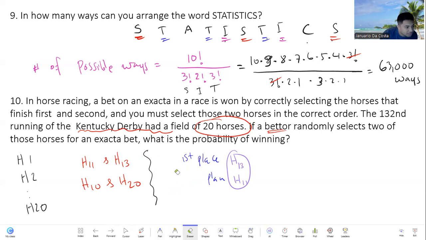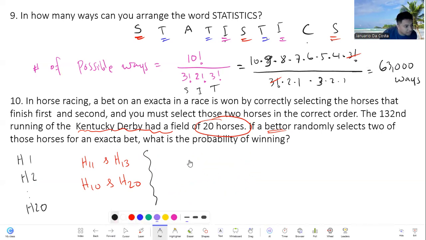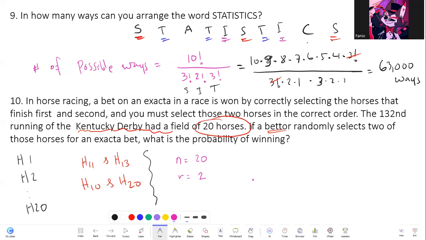Okay? Since this is a permutation problem, what is the n here? N is 20. R is 2. Oh yeah, 2.